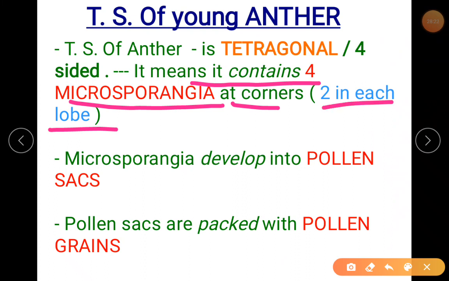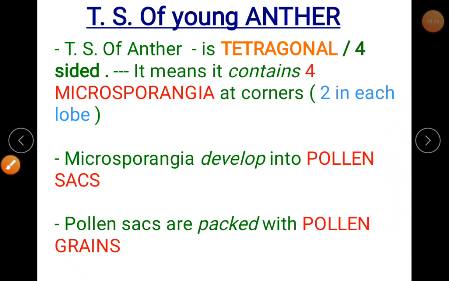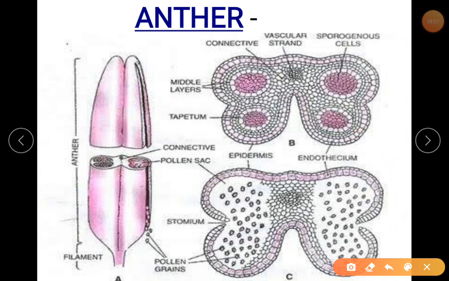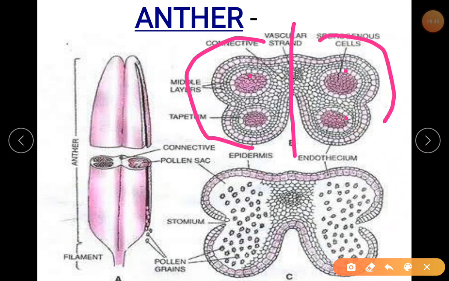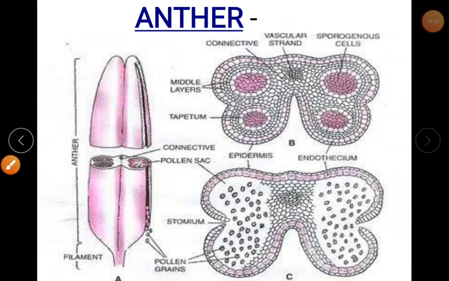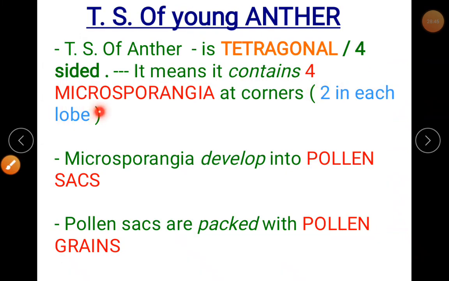Yes, 2 microsporangia. So just to recall, there are 4 microsporangia over here. I've divided it to show one lobe and another lobe. In each lobe there are 2 microsporangia.